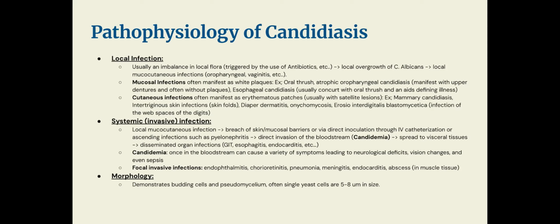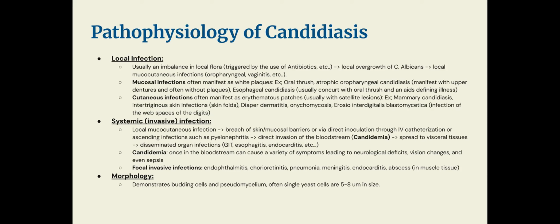With the mucosal infections, you'll often notice patients have white plaques, such as oral thrush, or sometimes oropharyngeal candidiasis, coming in with some throat discomfort and sometimes some GI bleeding as well.